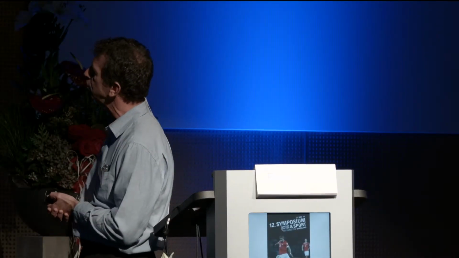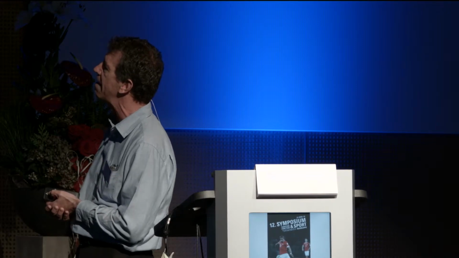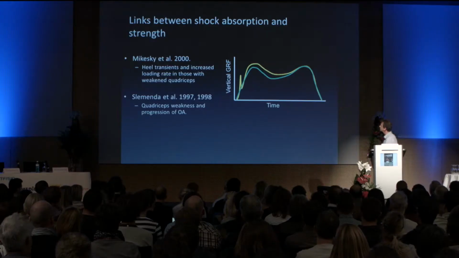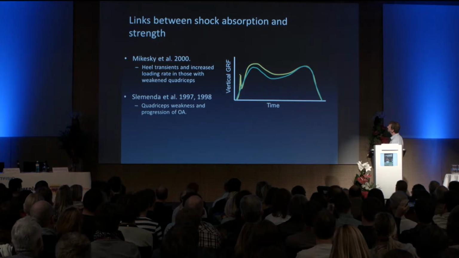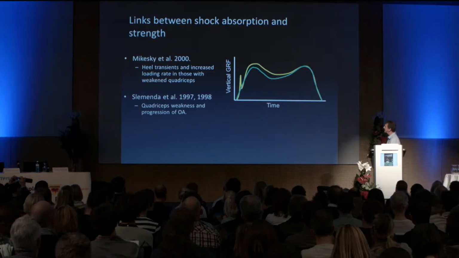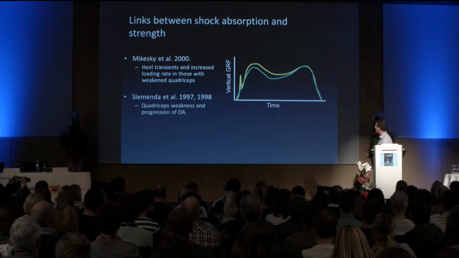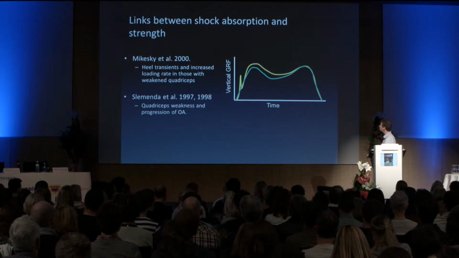And what you will see in individuals who have a weakness of the quadriceps muscles is that you'll often see this transient here. You'll see this increased rate of force development for a very short time. It's a high frequency transient, and that has been implicated in respect to damage to the joint structure itself, damage to the articular cartilage. So another good reason why we might be interested in making sure that the muscle is turning on as effectively as possible.